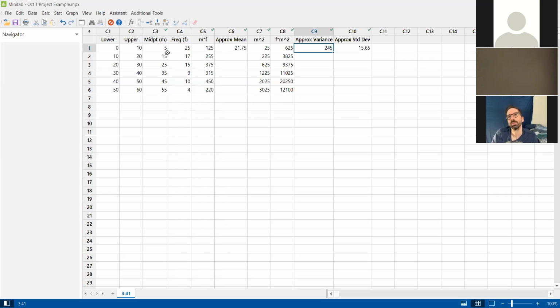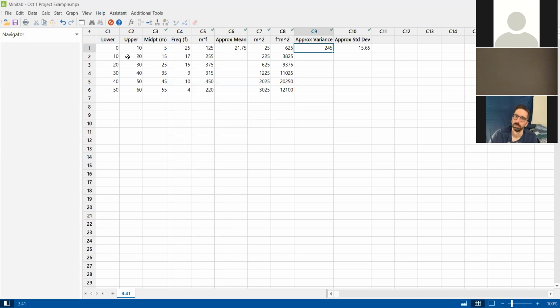That's what the midpoint is displaying for you. It's the representative value for class number 1. We don't know the actual values for class 1. Same thing with class 2, class 3, all the way down to the last class.